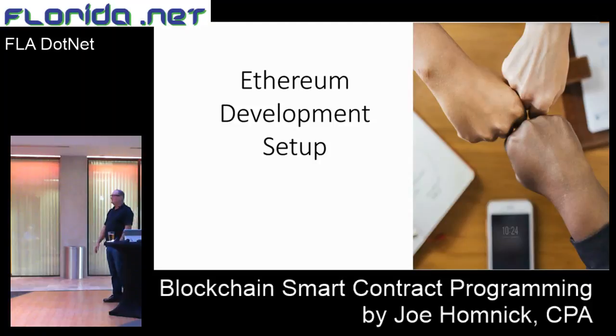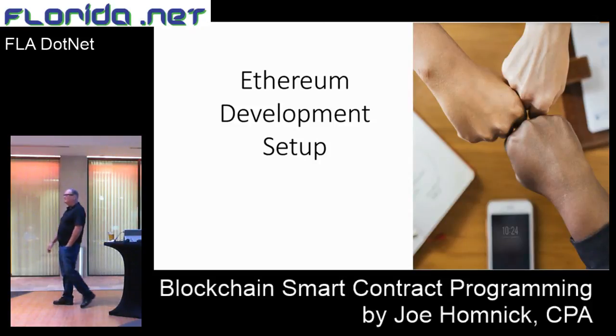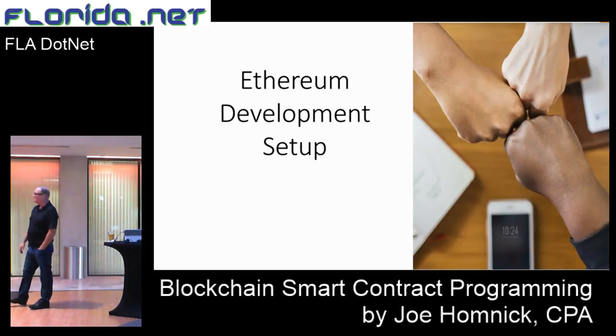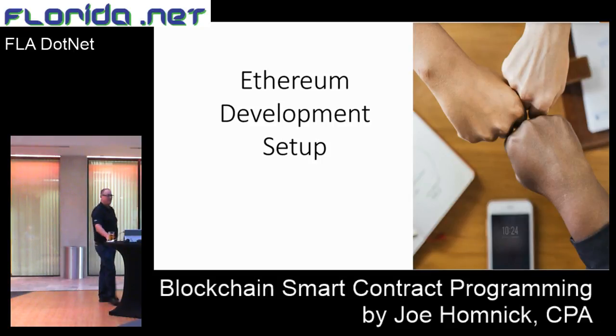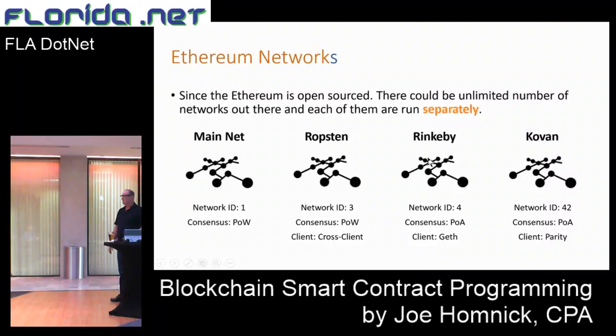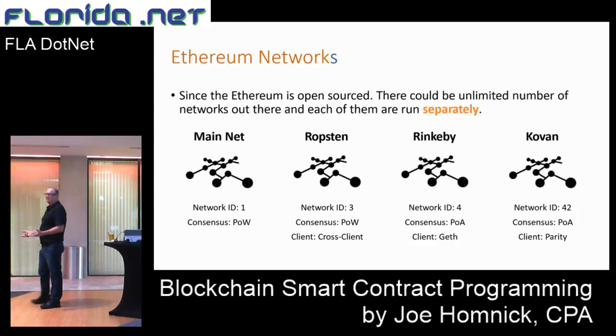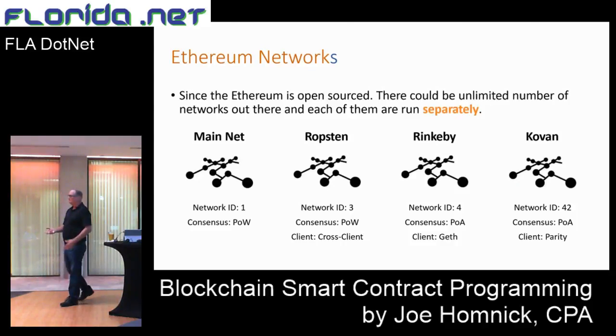So, how do we start working with these individual smart contracts and create this distributed app, or dApp? I've been using Ethereum, and we're going to be using Ethereum throughout this. You can use other types of things.